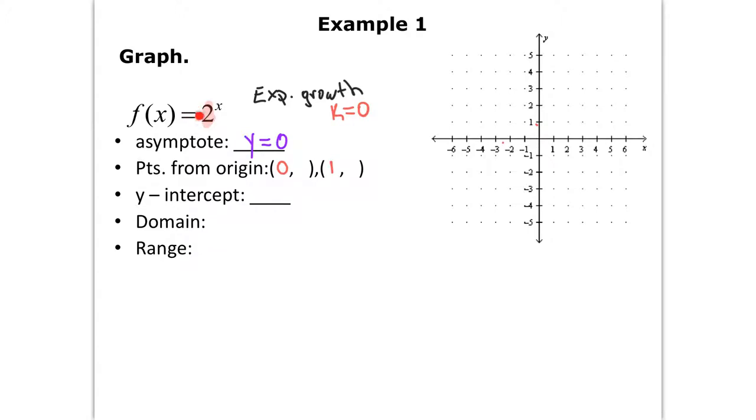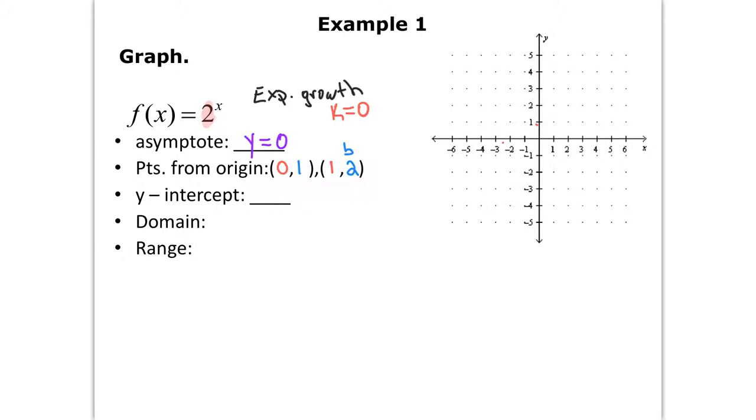Here a is 1, so we have just the parent function. When you have just a regular parent function, the first point is going to be 0, 1, and the second point is going to be 1 and your base. The base is 2, so that's what we use: 1, 2.